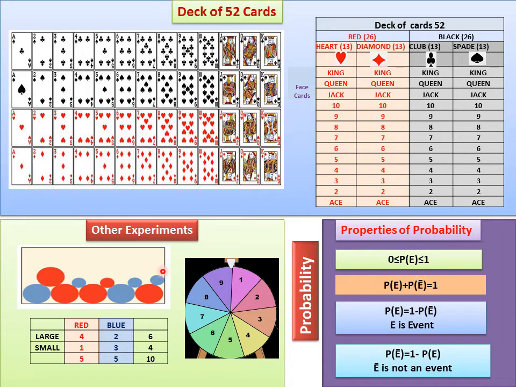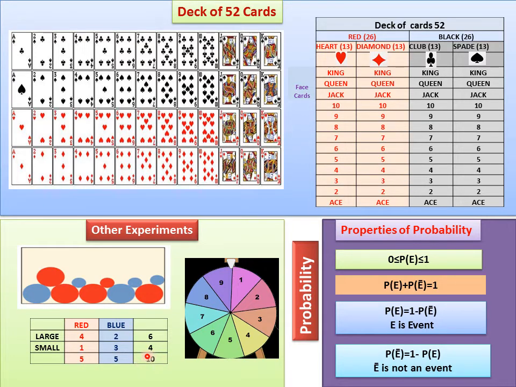In this example, the container has 4 large red colored balls and one small red ball. Then for blue balls, I have 2 large balls and 3 small balls. So the total number of red balls is 5, and the total number of blue balls is also 5.